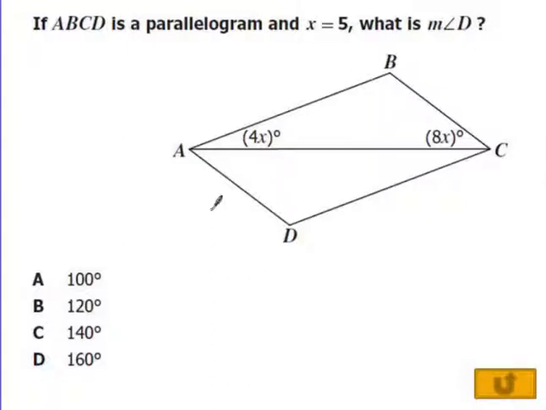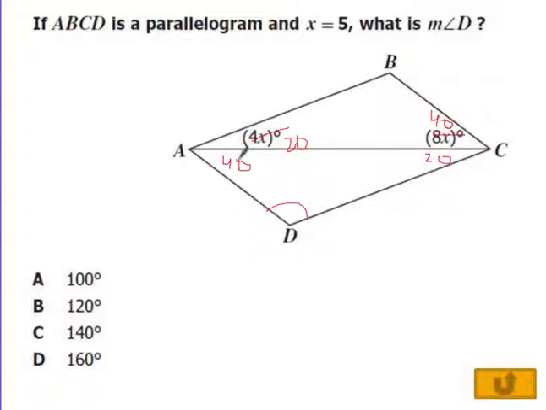Okay, as always, plug in anything that you know, mark the picture. We want to find angle D. We turn it, x is 5, which means that this is 20, and this is 40. Okay. So again, I can go ahead and throw that over here if I want, alternate interior angles.